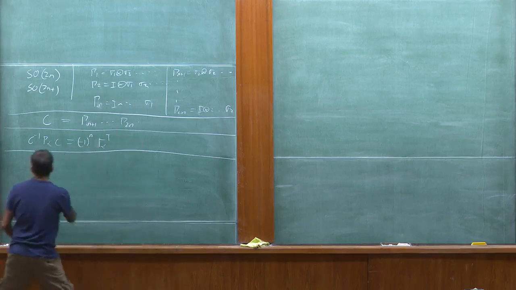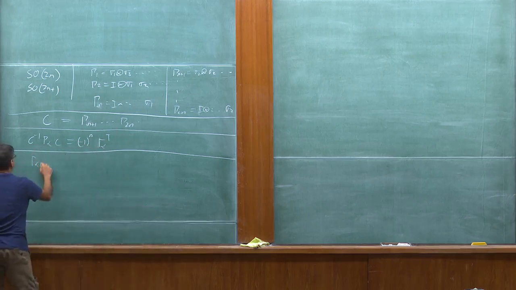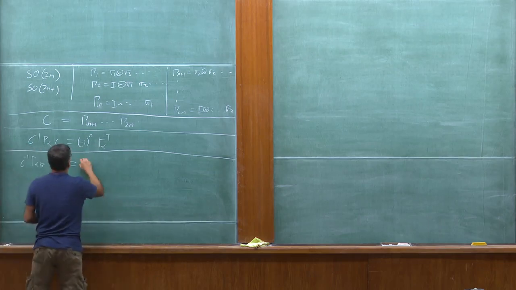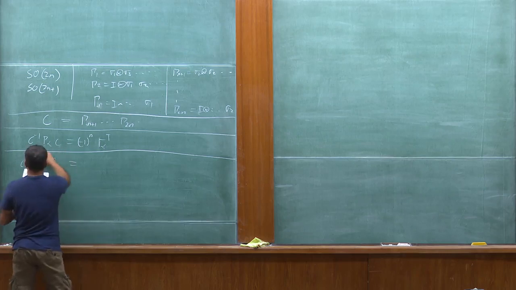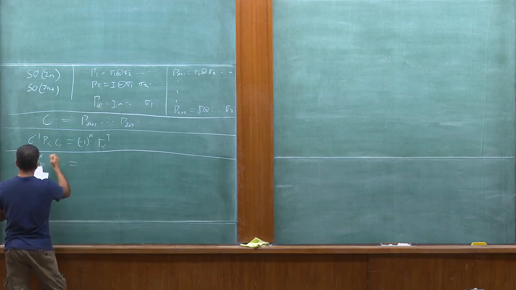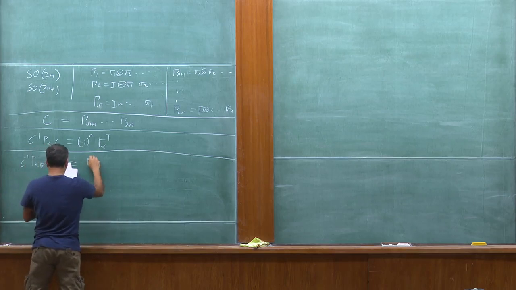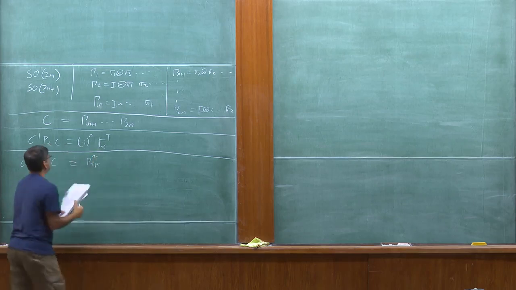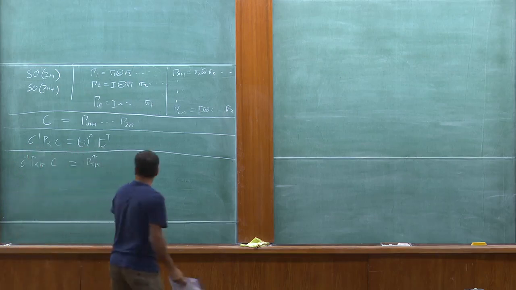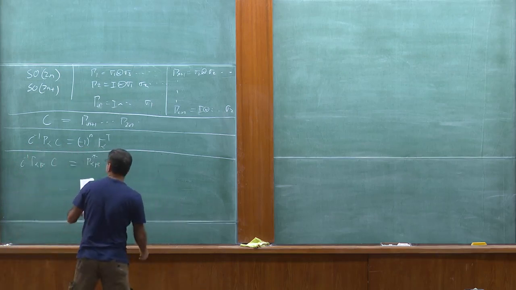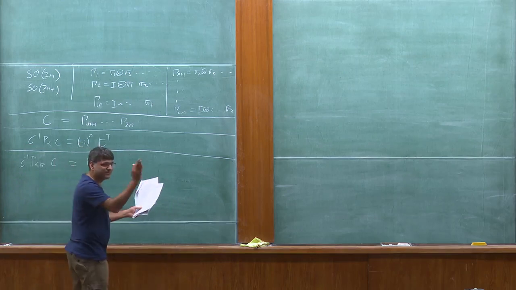And in particular, it followed that C inverse gamma alpha beta C was equal to gamma alpha beta star. The point is that because there were two of them, this phase cancelled out, and anyway, we worked this out.